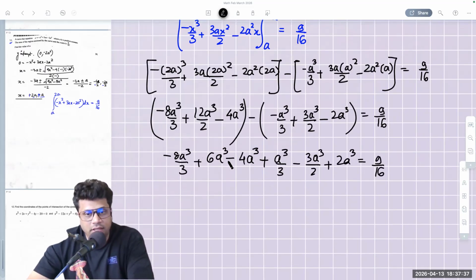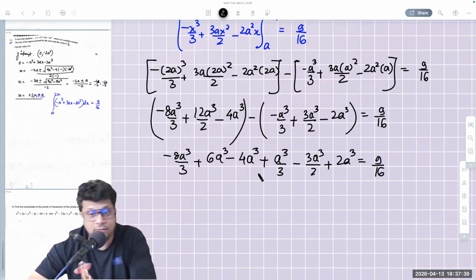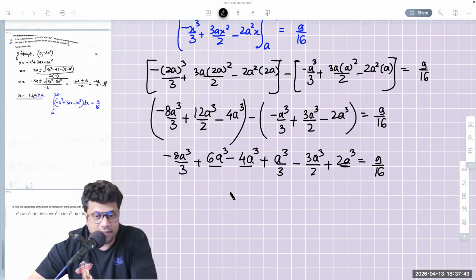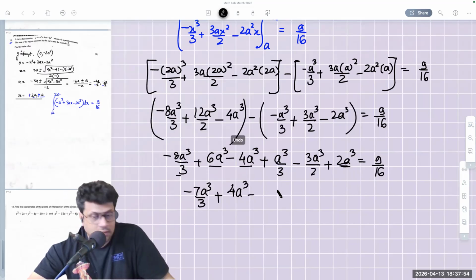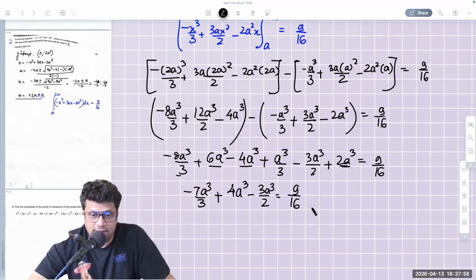And we are looking at these two, 2a³ added with that, that's 4a³. These two, it's negative 7a³/3. And then there is negative 3a³/2, and it's 9/16.